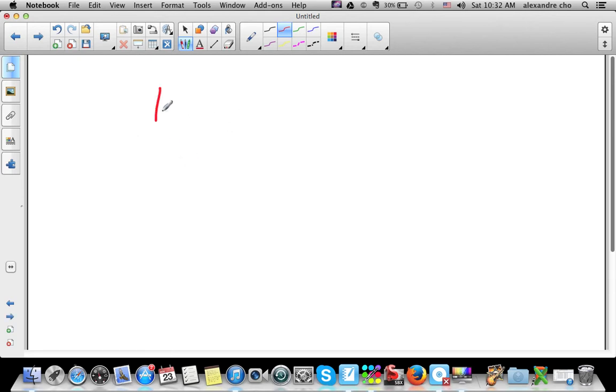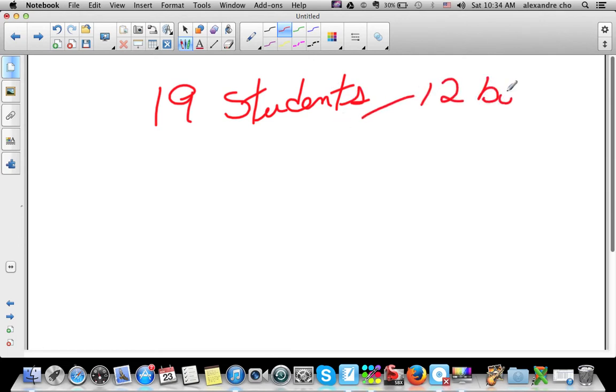In the class, there are 19 students, and from that, we know that 12 are boys. So from here, I can write 12 boys. And it says create a part-to-part ratio and a part-to-total ratio. So let's start with part-to-part.